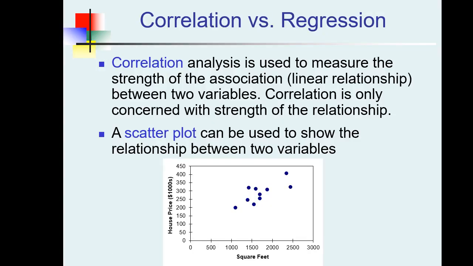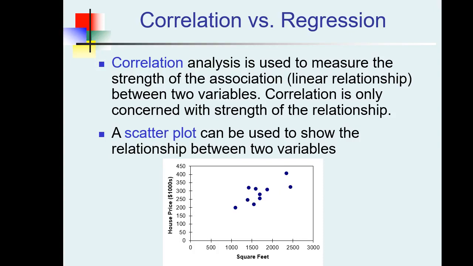Before going into the details of regression analysis, you also need to know about correlation or correlation analysis. Correlation is used to measure the strength of the association between two variables.